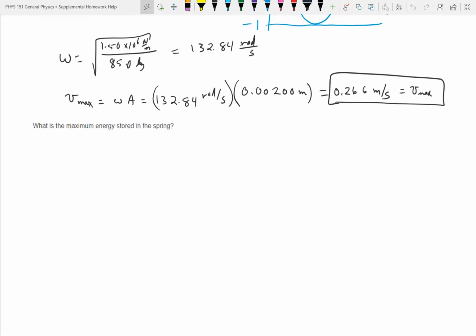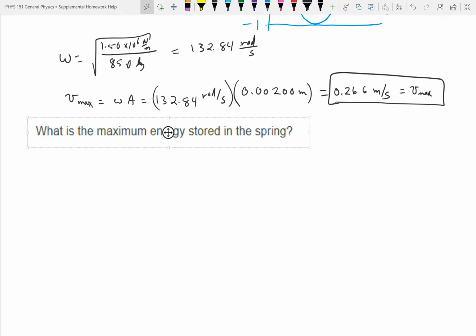So we find KE maximum. That is one approach. There are many approaches to this one, and that's one of them.